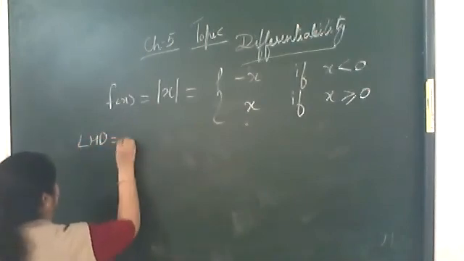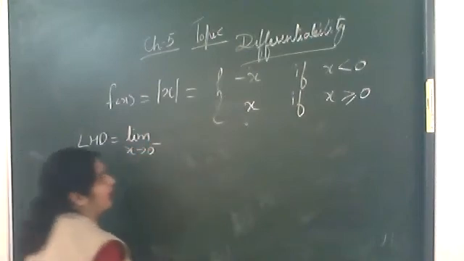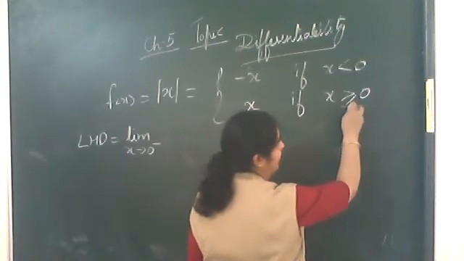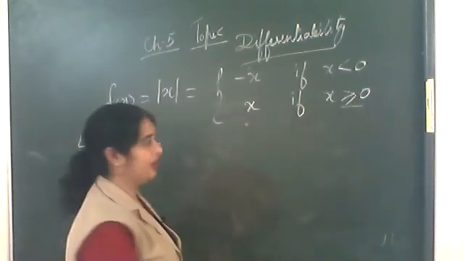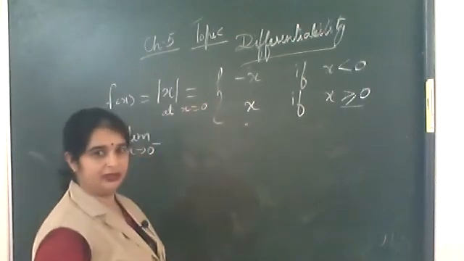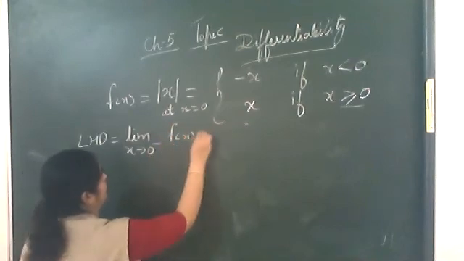LHD will calculate the limit x tending to 0 minus. Why are we taking this? Because we have to see the differentiability at which point? At point 0. You have to check the differentiability at x equal to 0. So at x tending to 0 minus, we write (f(x) minus f(c)) upon (x minus c).